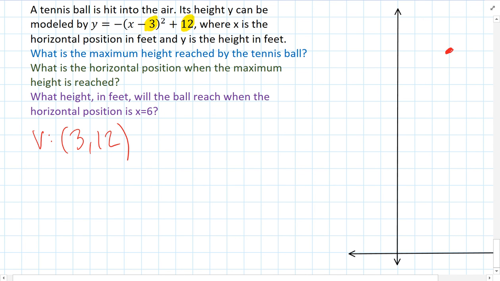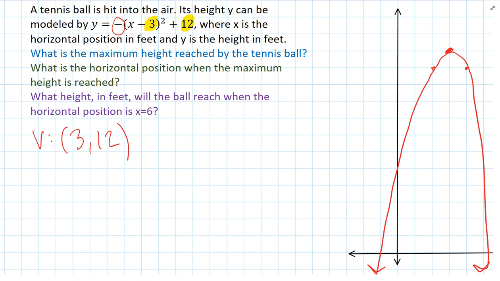And then my a value is -1, so I'm going to go down 1 and over 1, down 1 and over 1, and then try and make a parabola out of this. That was a terrible line. Let me try that again. Alright, something like that.